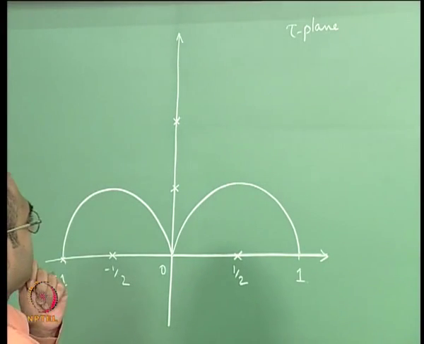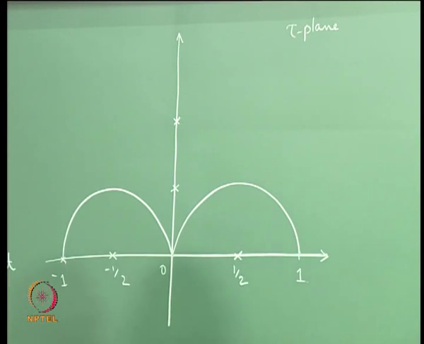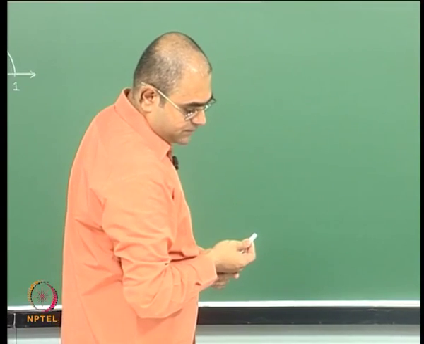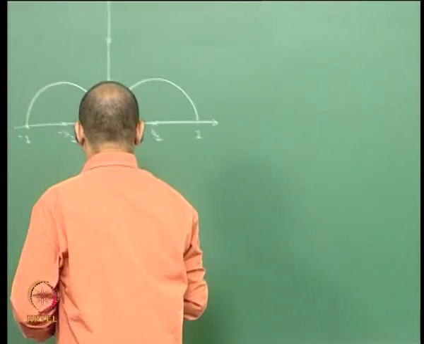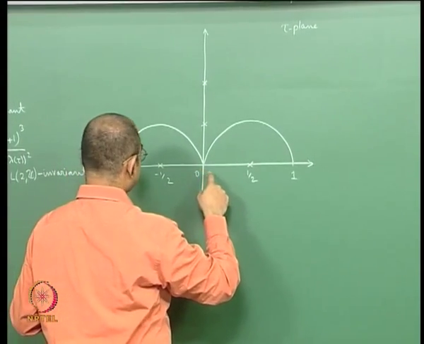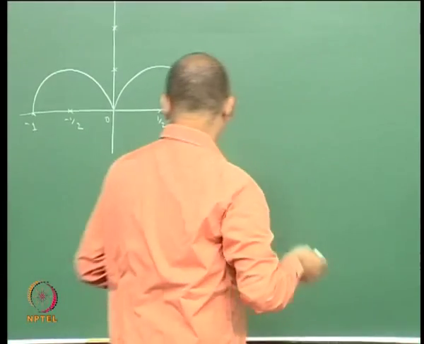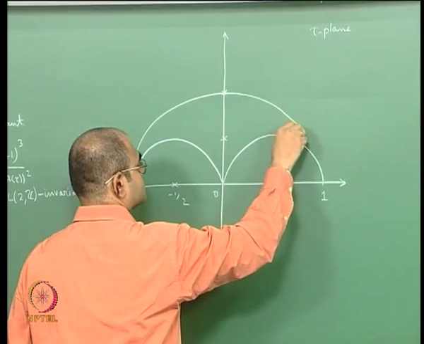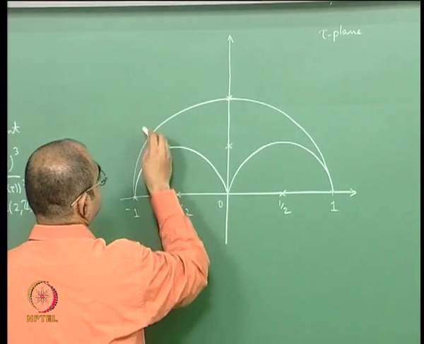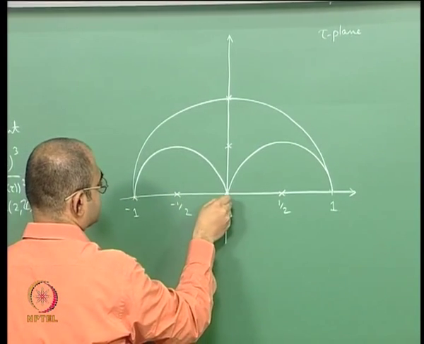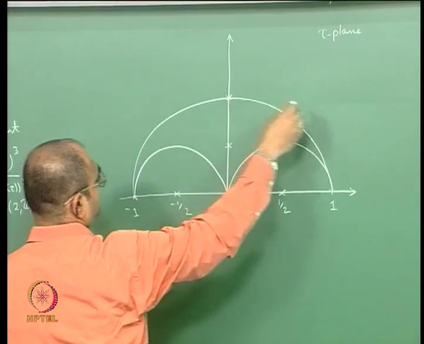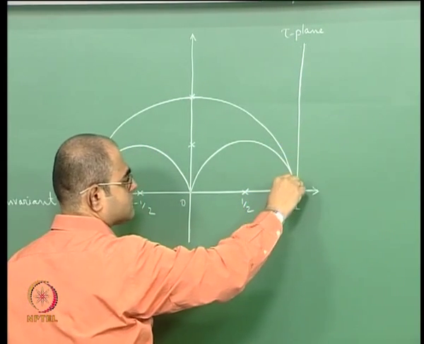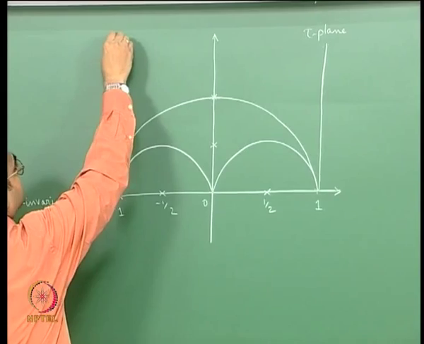And then I also draw circles of radius 1 centered at 0, 1 and minus 1. I'll have one like this, and then I'll have one more centered at minus 1, and I'll draw one vertical line here, then another vertical line here.